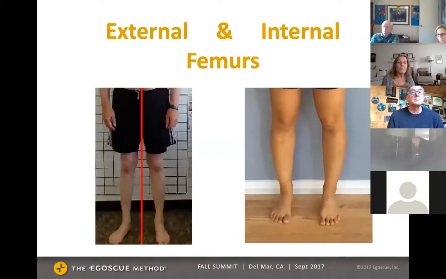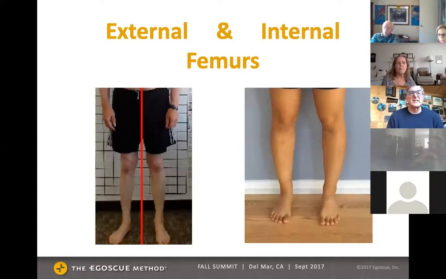So then we have rotation. Internal and external rotation, so this is the direction the kneecaps are pointing. We talked about them pointing straight ahead, ideally. Well, they can either turn out or turn in, so twisting. On the left, we've got external rotation: his right knee is more turned out. You can see the foot as well is turned out.